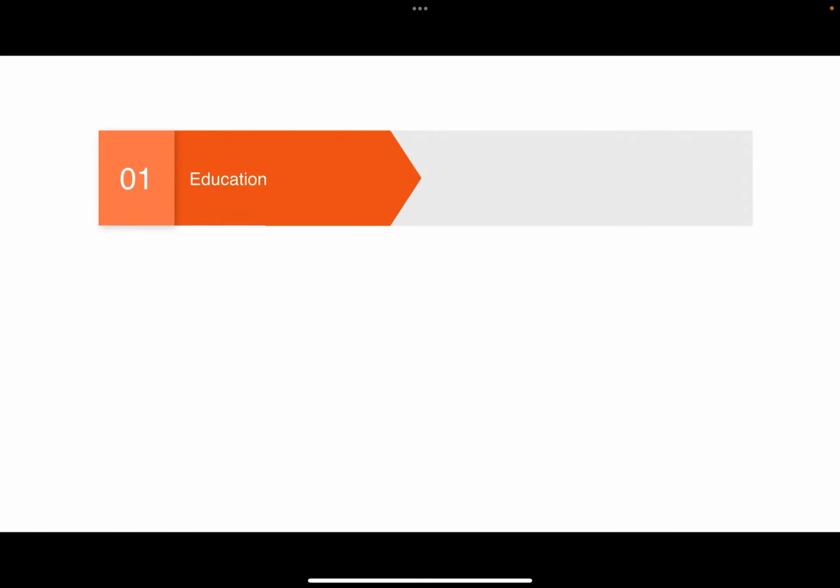So the first thing is education. Education is always, always important. For example, imagine there are two patients, one patient is illiterate and one patient is literate, who has finished his graduation. Imagine both of these patients are on insulin. Which patient do you think is easier to manage?